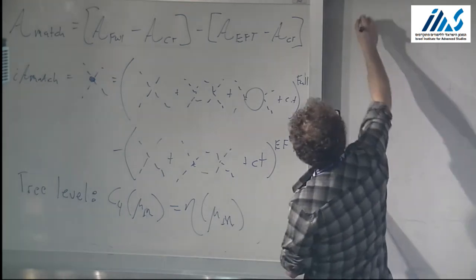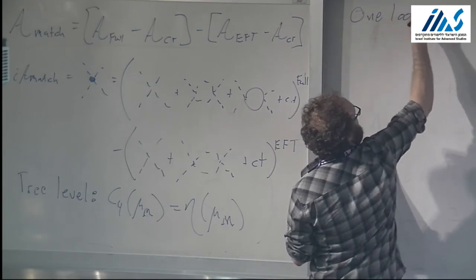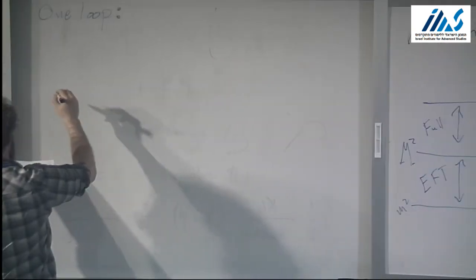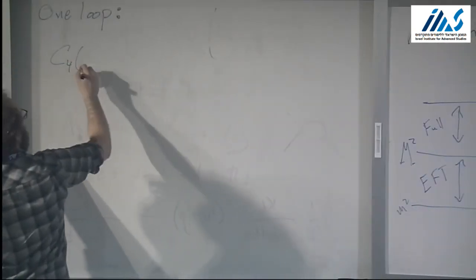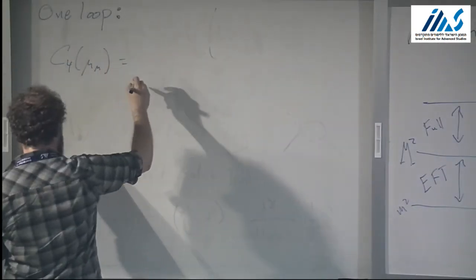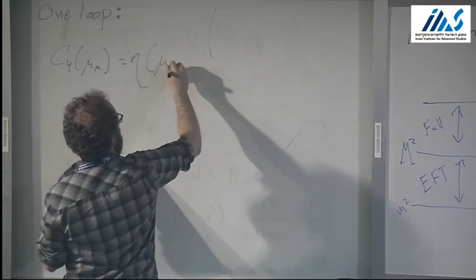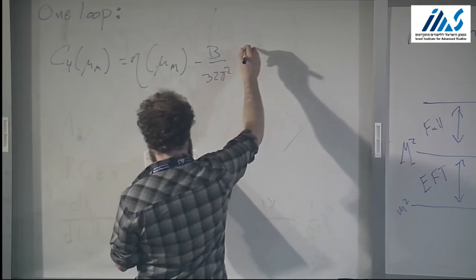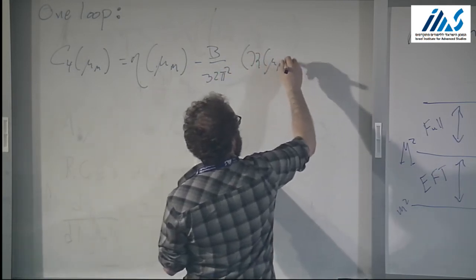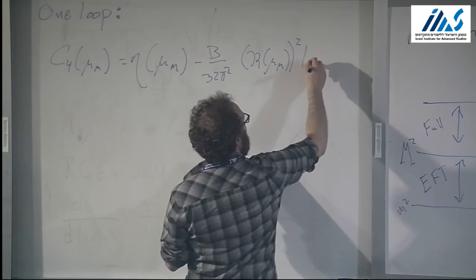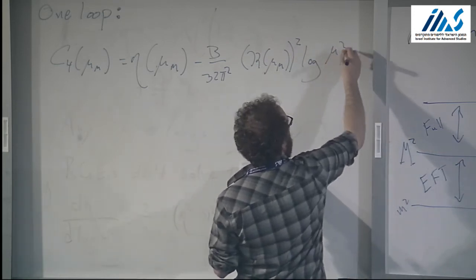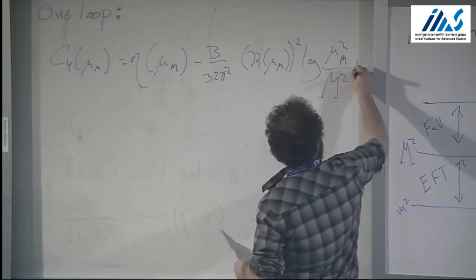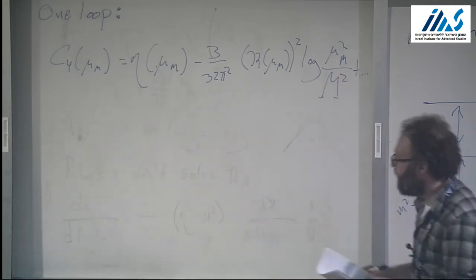Now at one loop, we have C4 at mu m equals eta at mu m minus 3 over 32 pi squared kappa at mu m squared log mu m squared over big M squared. Okay, so I skipped some steps.